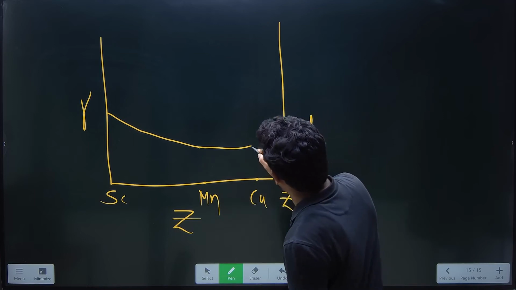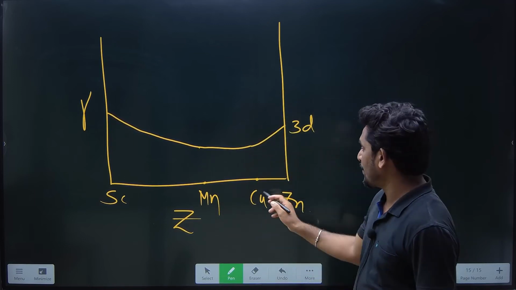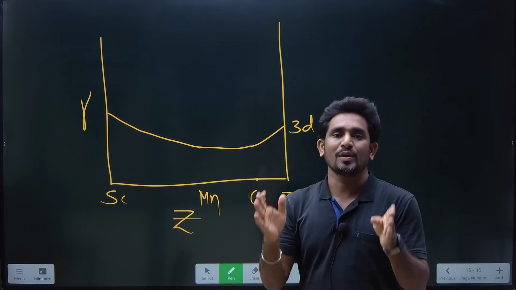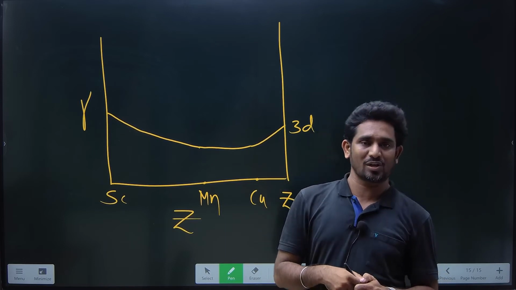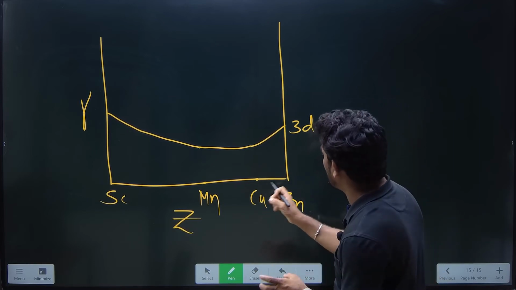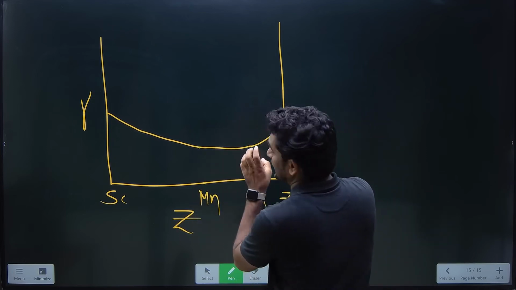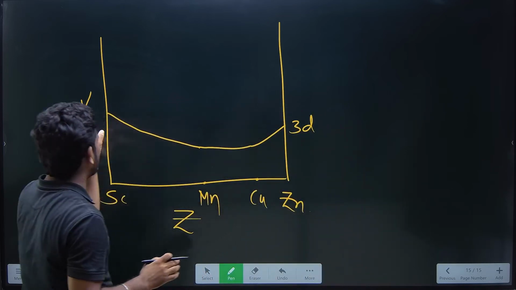And from copper to zinc, what happens? Size increases. Why? Because of electronic repulsions, मतलब screening effect will dominate effective nuclear charge. So from copper to zinc size slightly increases, but from manganese to copper size is approximately the same, and here to here size decreases. Size is nothing but radii.